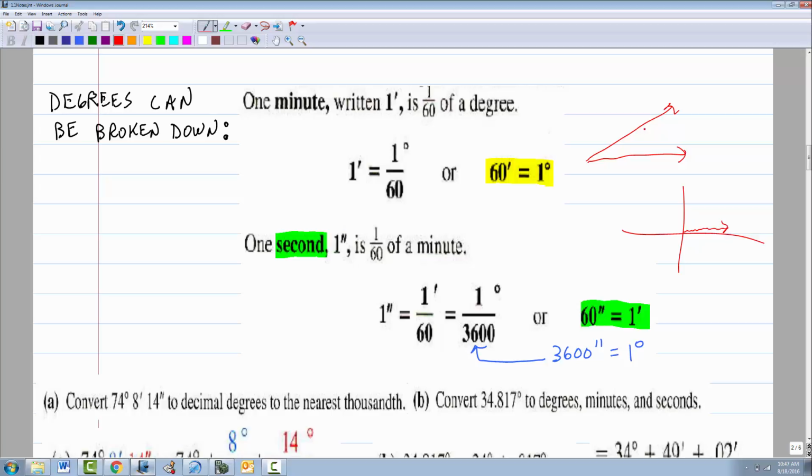As you're writing this down, what do latitude and longitude do? They carve up what? The Earth. Do you know how big 1 degree is?